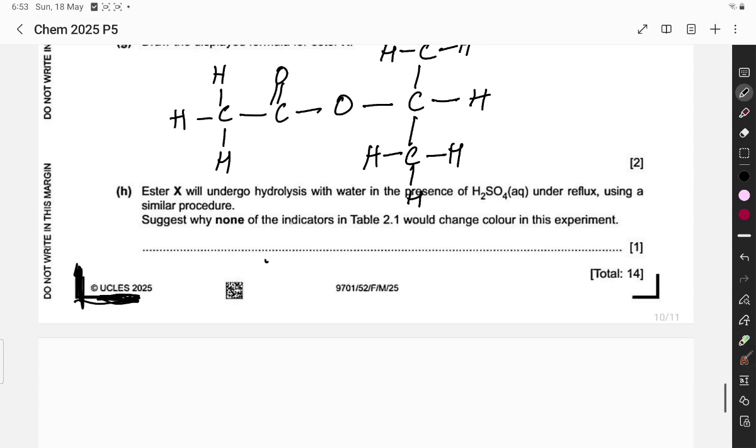Ester X will undergo hydrolysis with water in the presence of sulfuric acid under reflux. Using a similar procedure, suggest why none of the indicators would change color in this experiment.